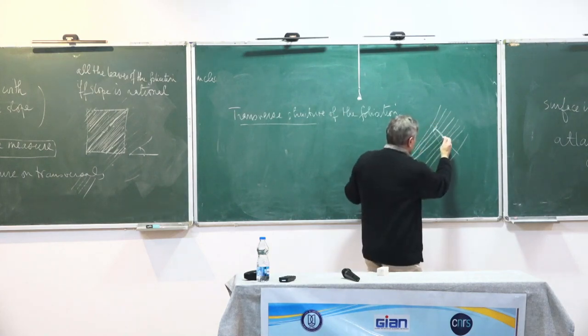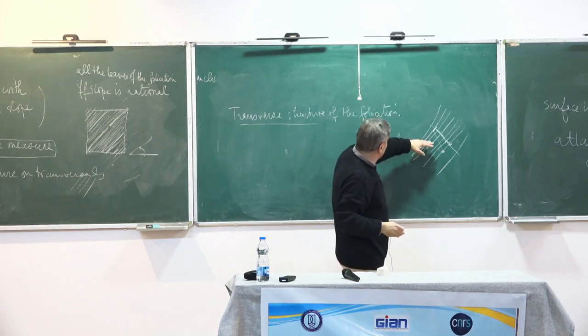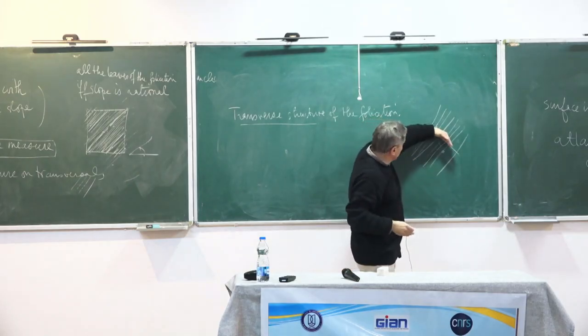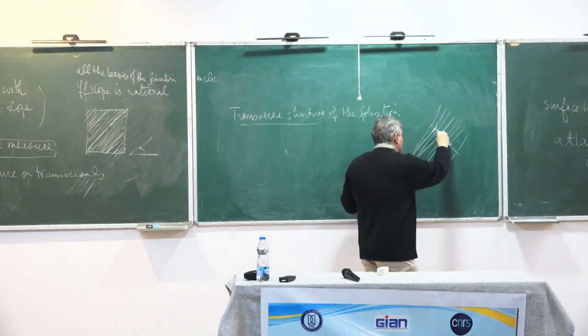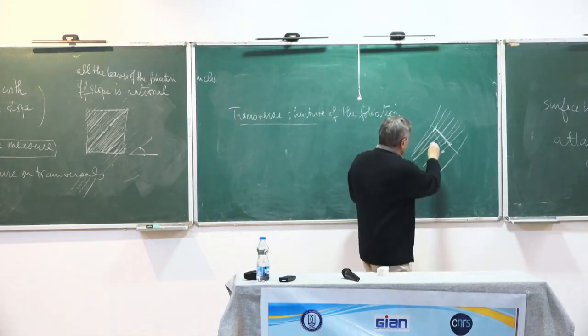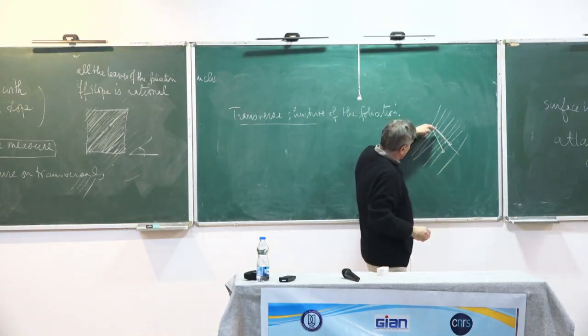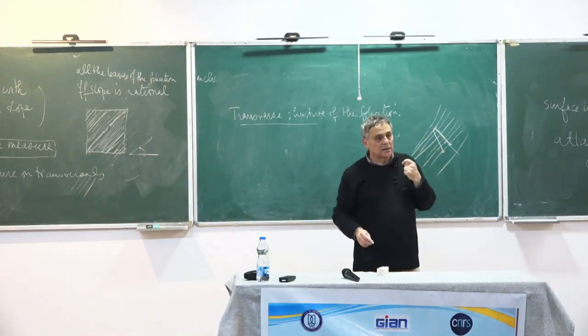When I move the arc, letting each point stay on the same leaf, I have a natural homeomorphism between the first arc and the final arc.